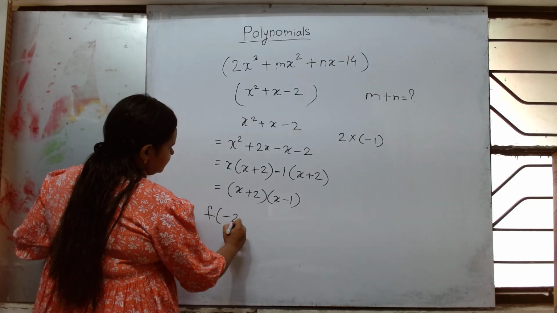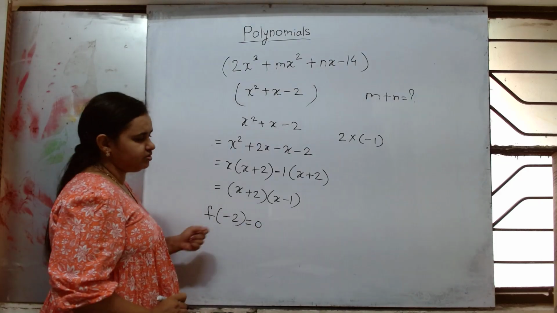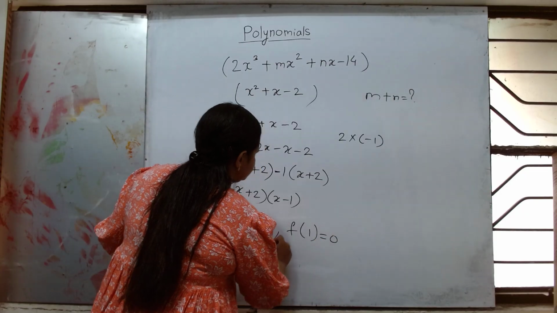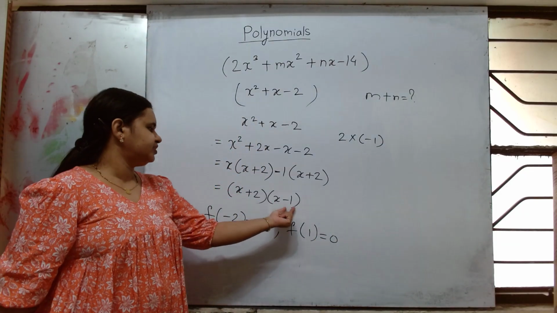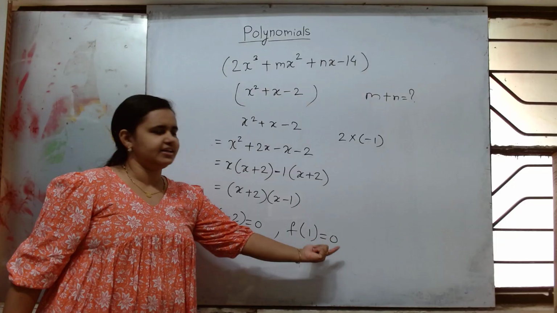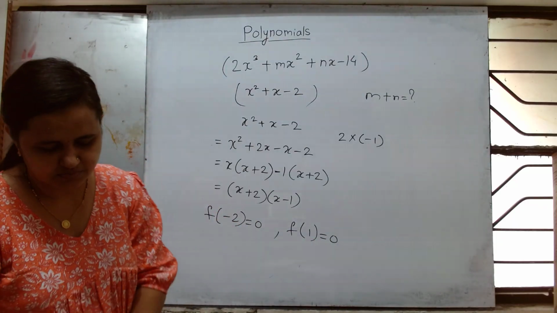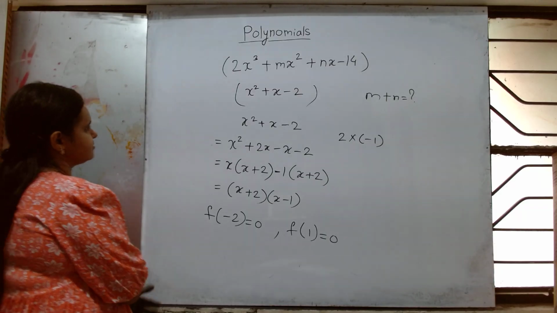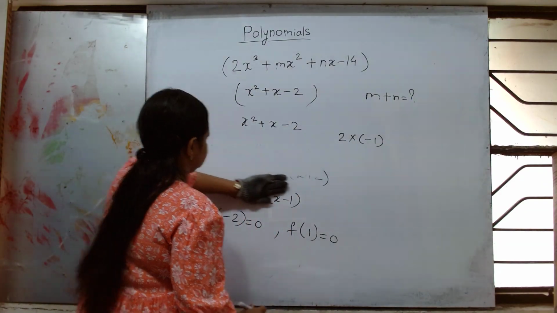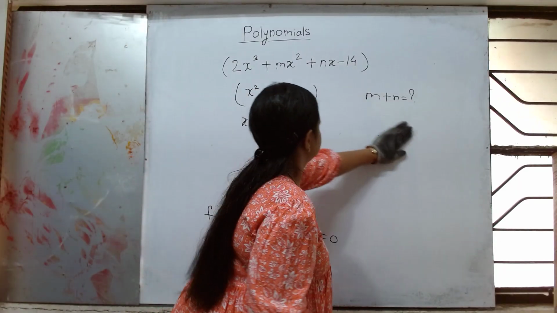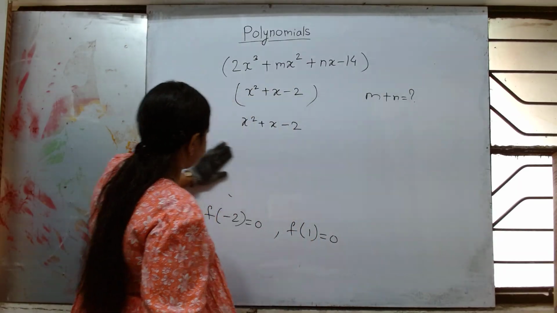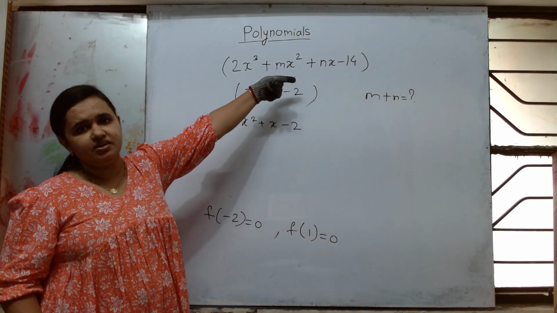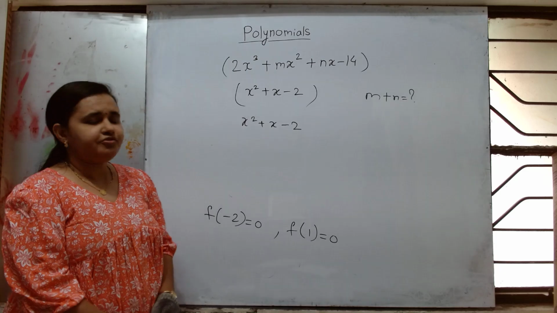So f of minus 2 will be equal to 0, and f of 1 will be equal to 0. As x minus 1 is 0, x will be equal to 1. So we get f of 1 as 0. Now if we put x as minus 2 in this polynomial, we get an equation in m and n.